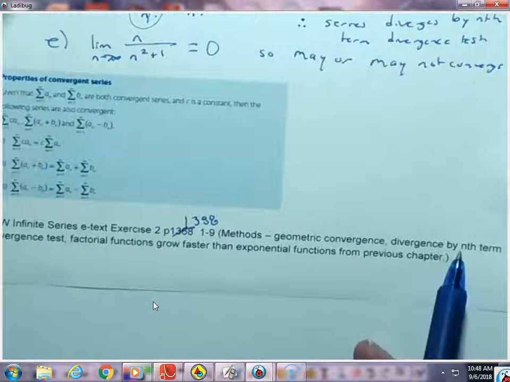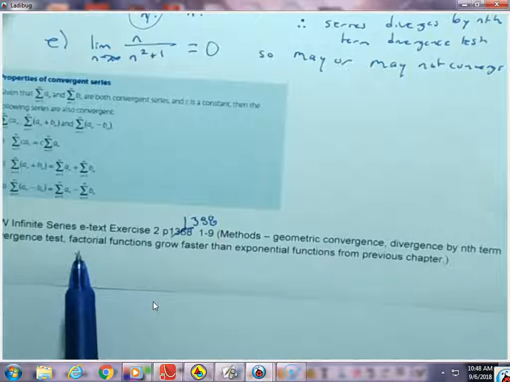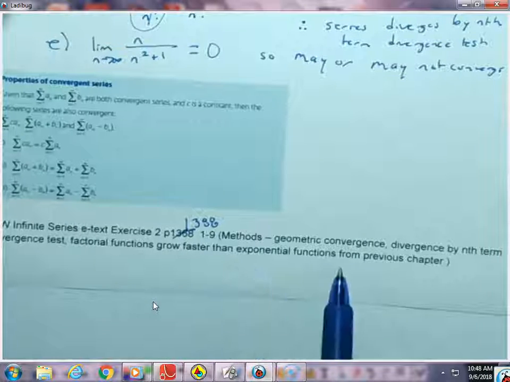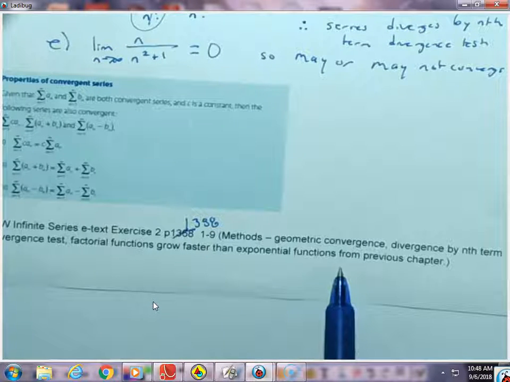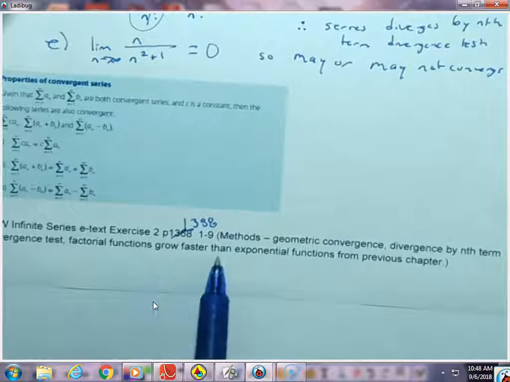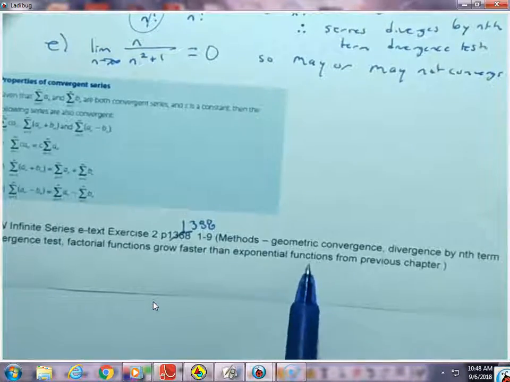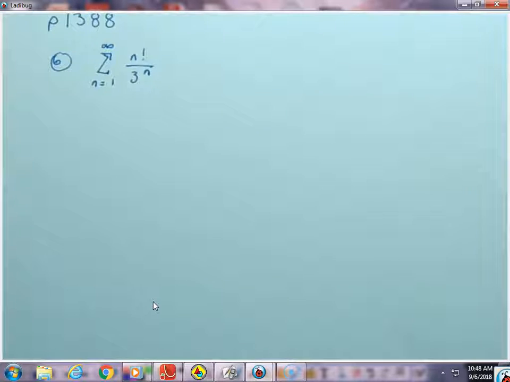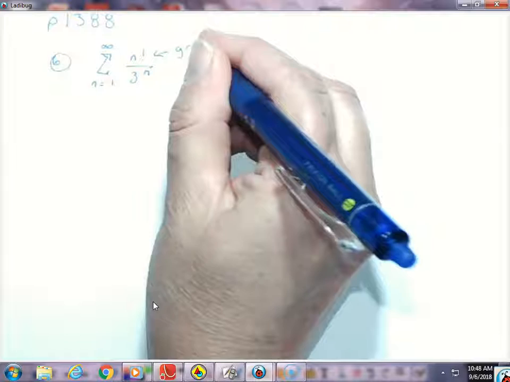The nth term divergence test never tells you that it converges. It only tells you if it diverges. And then there was this little guy right here, which says factorial functions grow faster than exponential functions. So that was like your clue. Okay, so for this one, given that I've told you that the factorial grows faster.